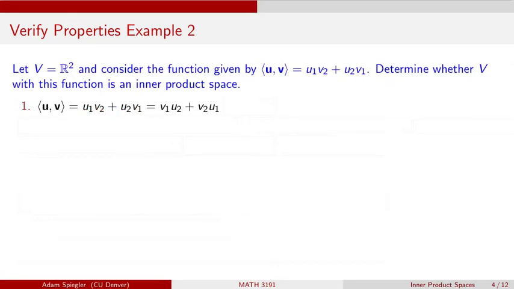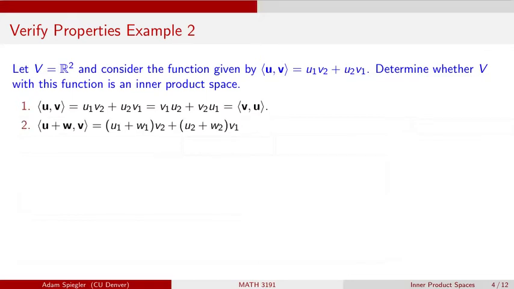So I'm going to take this second term, write it first as v1 times u2, and then take what was the first term and now write it second as the product v2 times u1. And this is exactly the inner product of v with u. So we can see that it does not matter the order that we take these inner products. So the first property is satisfied.